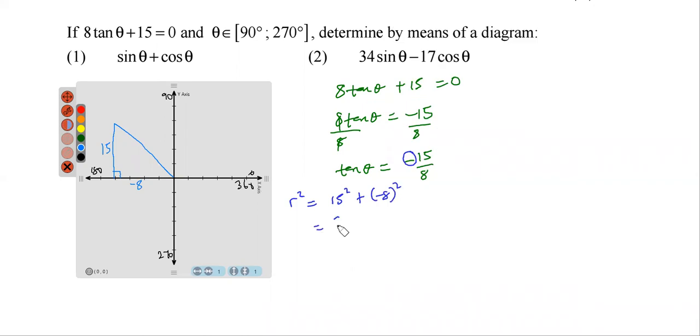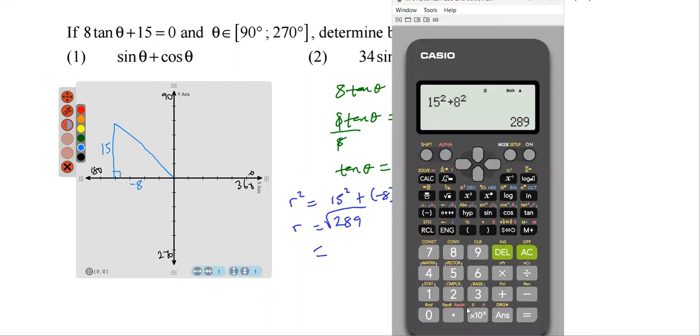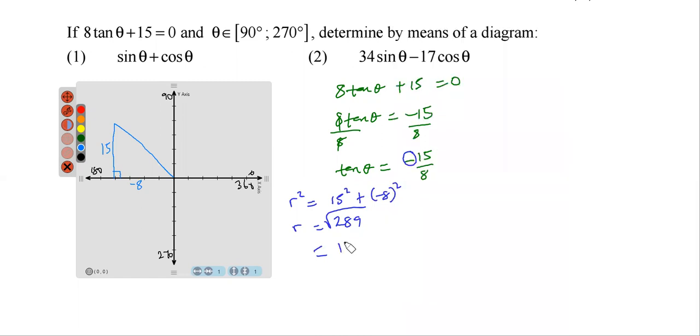So r is going to be the root of that, which is 17. So r equals 17, and we put our 17 there.